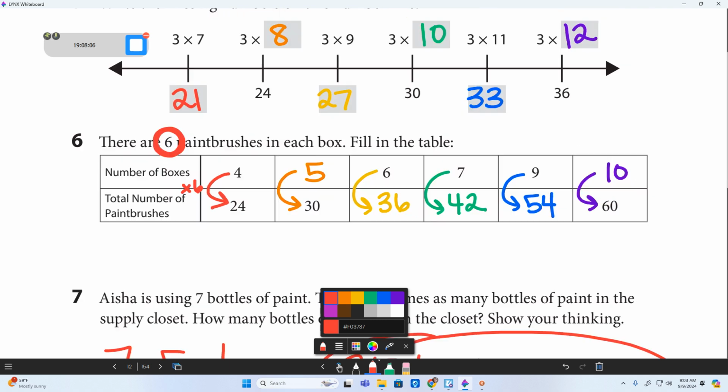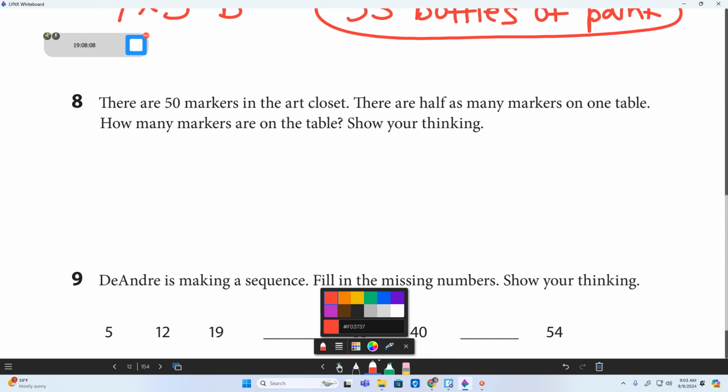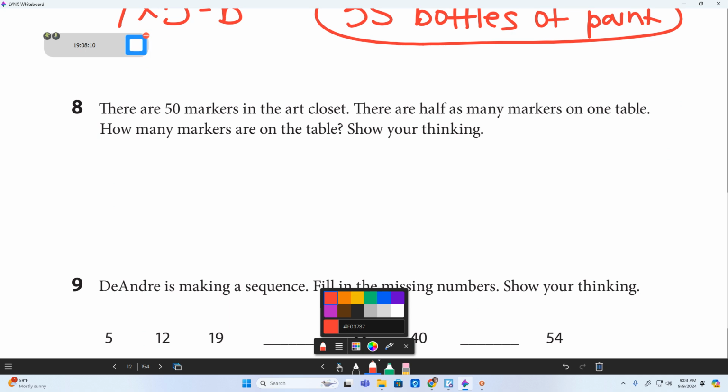All right, number 8. There are 50 markers in the art closet. There are half as many markers on one table. How many markers are on the table? When you cut something in half, that means you're dividing by 2. If you know your quarters well, your money well, you probably know that 50 cut in half is 25, because I know 2 quarters is 50 cents.